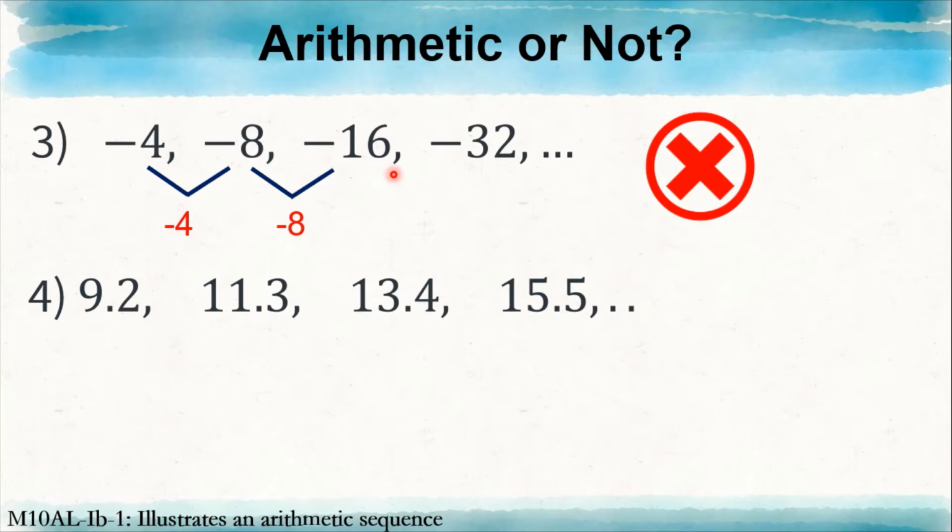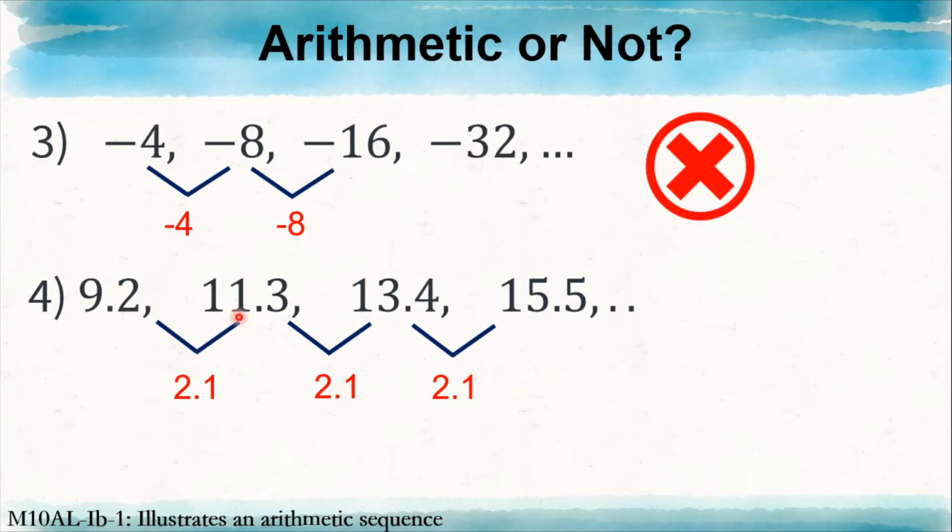Okay, try tayo nitong decimal numbers. 9.2, 11.3, 13.4, 15.5. So, what number is being added to each of the terms? So, in this case, we have 2.1. To check, pwede nyo kunin ulit ang difference between two consecutive terms.